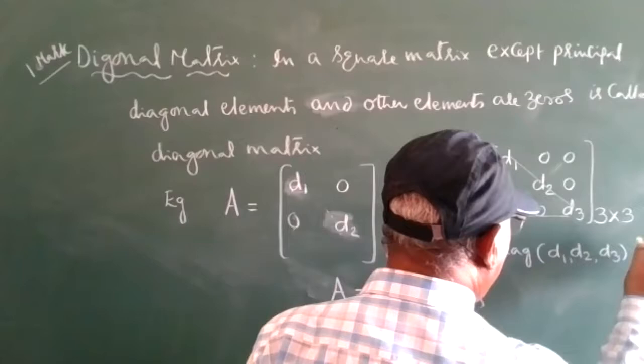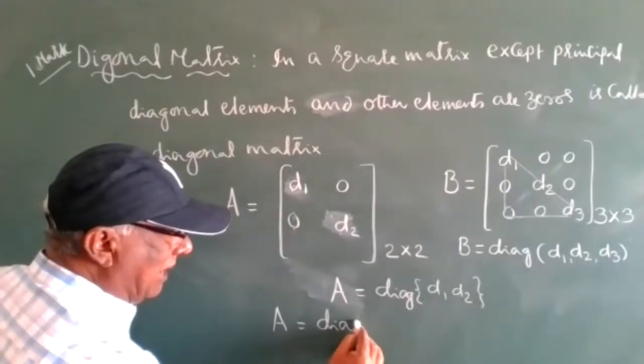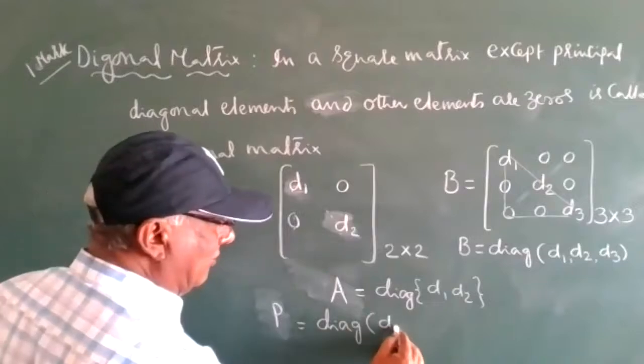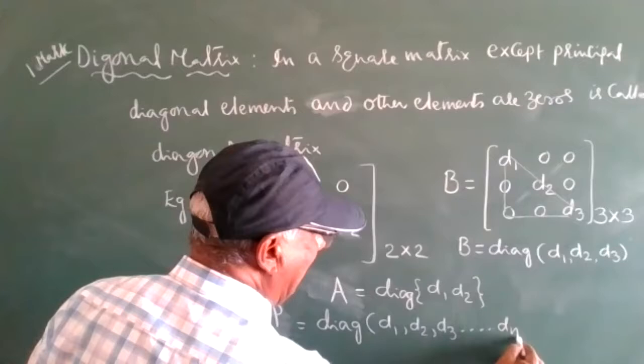Similarly, we can write the general form. For a general diagonal matrix, P is equal to diag of D1, D2, D3, up to Dn, meaning there are n diagonal elements. This is the representation.